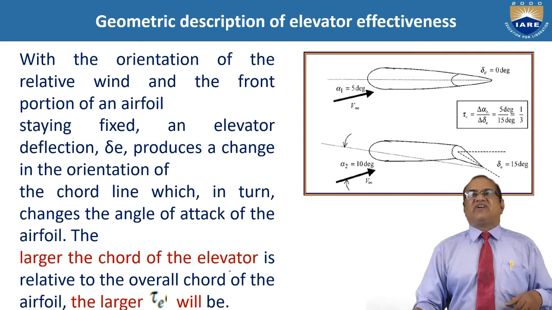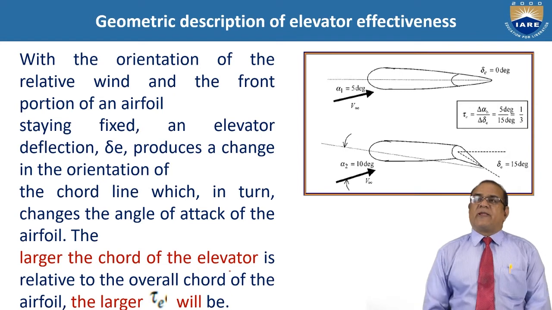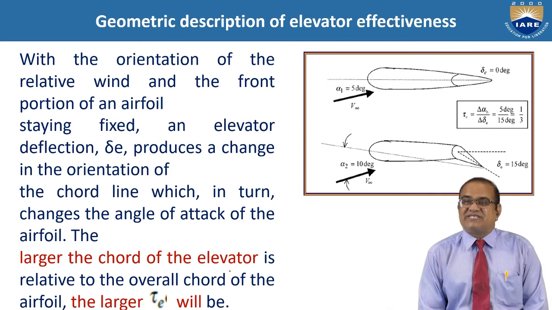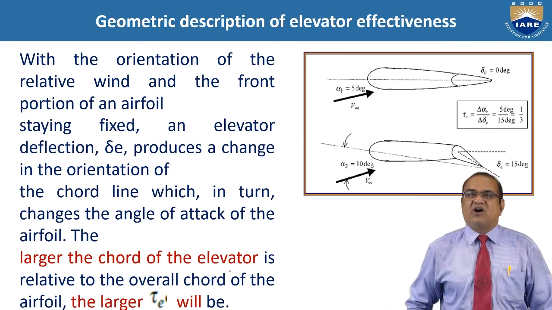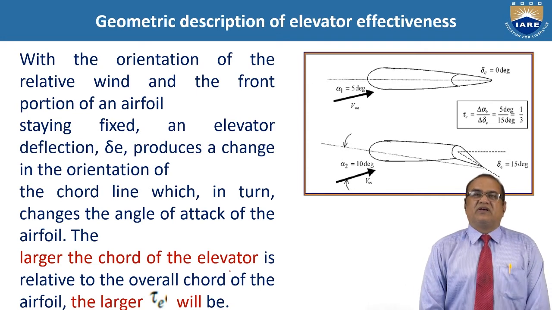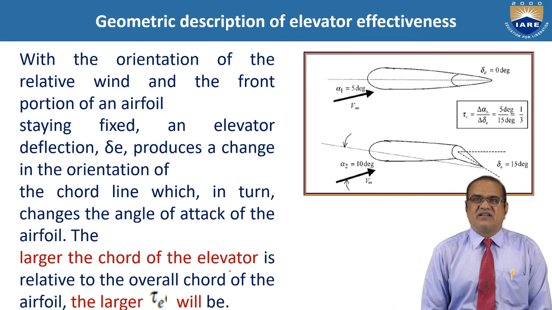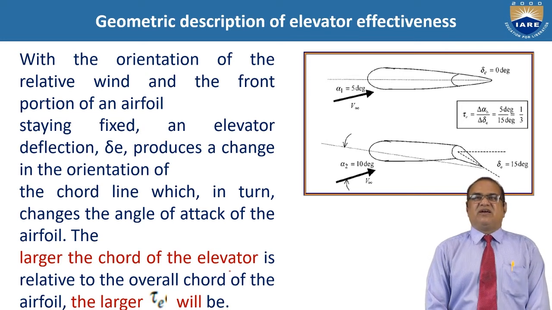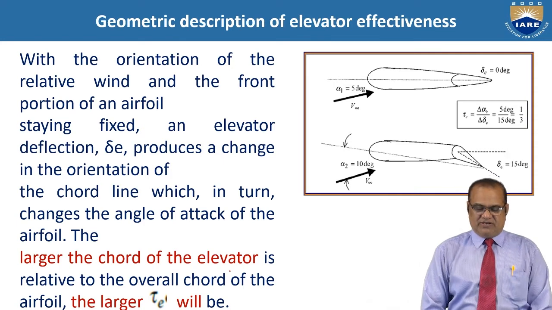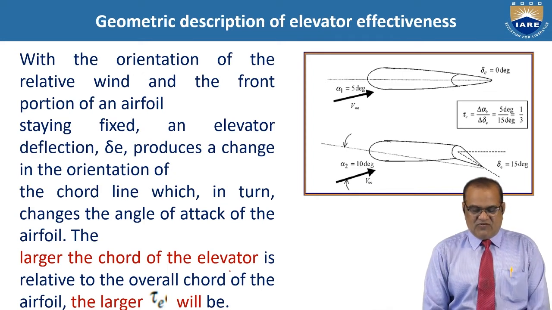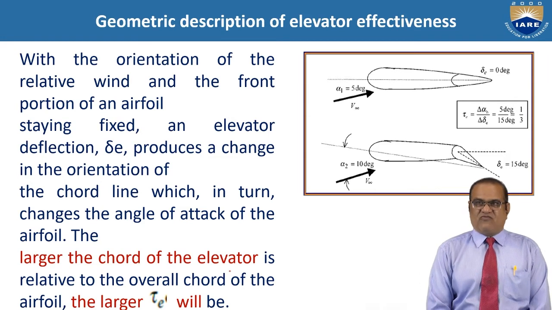Now, the geometric description of elevator effectiveness. This diagram shows how effective the elevator is, and how to calculate this effectiveness tau E. With the orientation of the relative wind and the front portion of the airfoil staying fixed, elevator deflection delta E produces a change in the orientation of the chord line, which in turn changes the angle of attack of the airfoil.